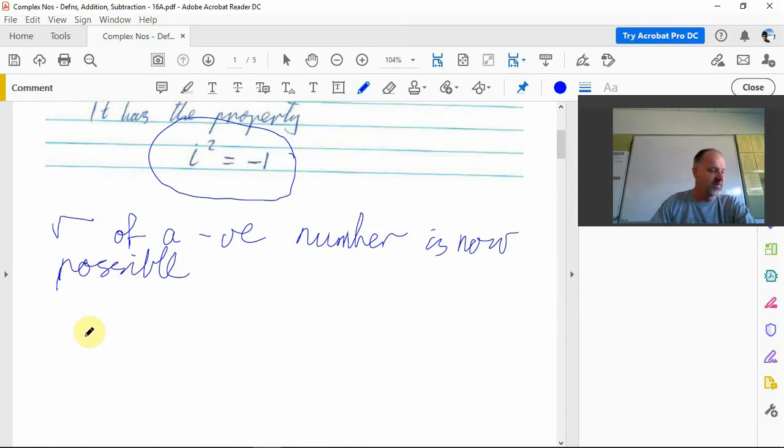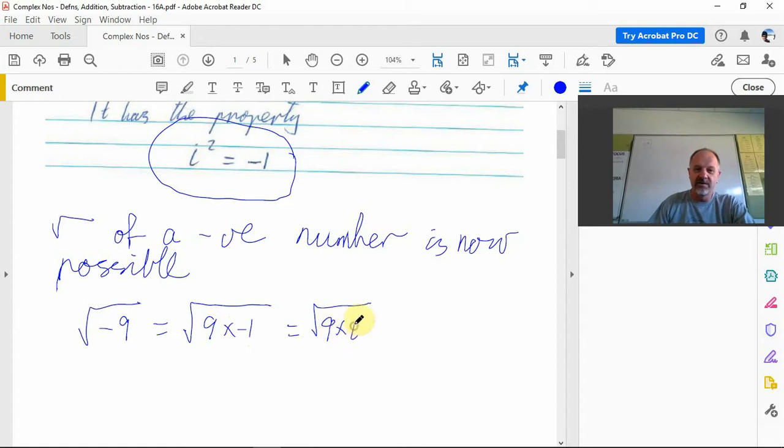So an example might be, say we have the square root of -9. Of course, -9 is the same as 9 times -1, and -1, of course, is i squared, so it's 9 times i squared. So the square root of 9 is 3, and we'll go plus or minus 3, and the square root of i squared, of course, is i.